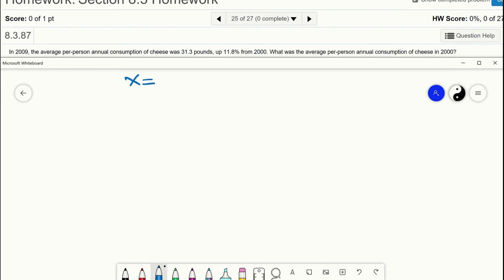So let x be the average per person annual cheese consumption amount, of course, right?